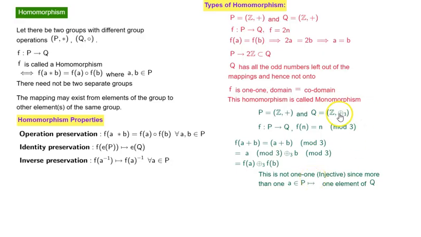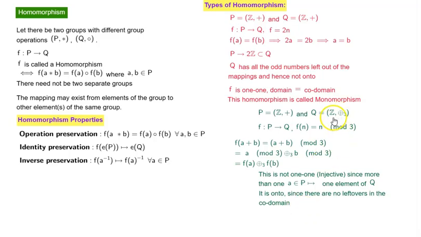Remember, in Q, how many elements will be there? There will be 0, 1, and 2. Whereas Z is infinite. All those integers will map to one of these three, 0, 1, or 2. So it is not 1 to 1, it is 1 to many, since more than one A in P maps to one element of Q. It is onto since there are no leftovers in the codomain.